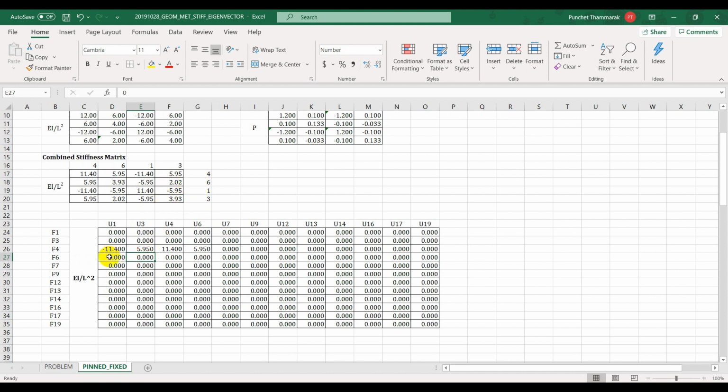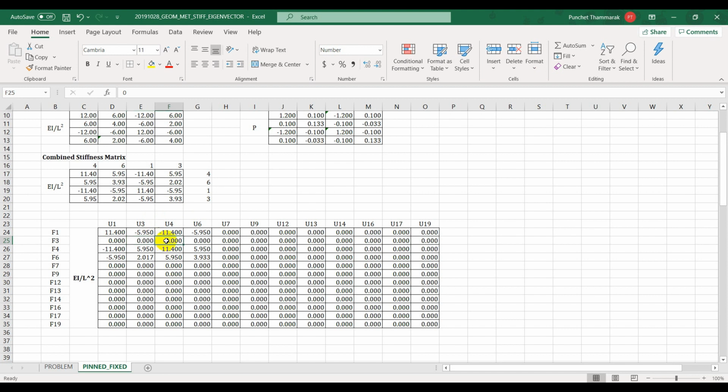As next row, this, and this one, right? And then row number 1, column 4, row 1, column 6, row 1, column 1, and row 3 column 1, row 1 column 3.